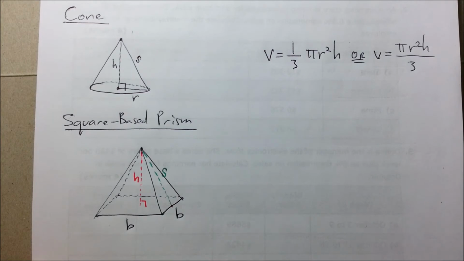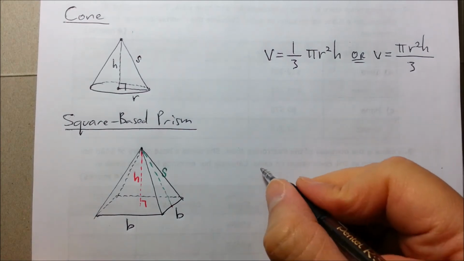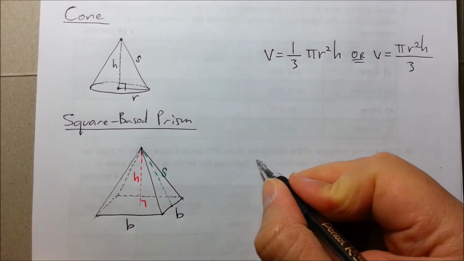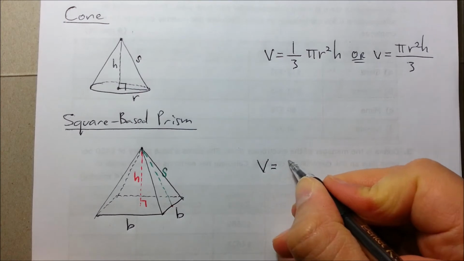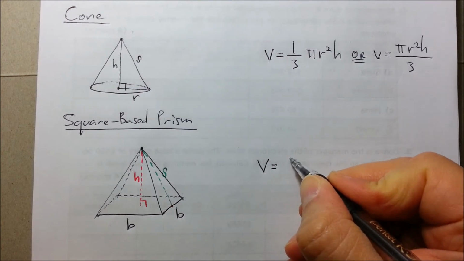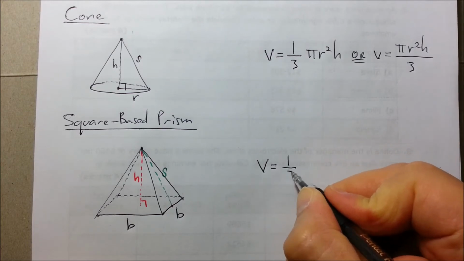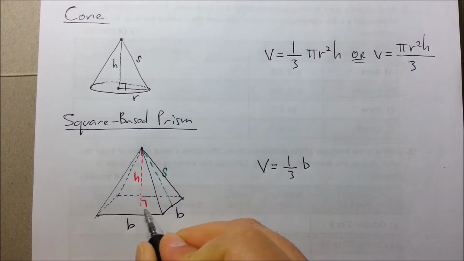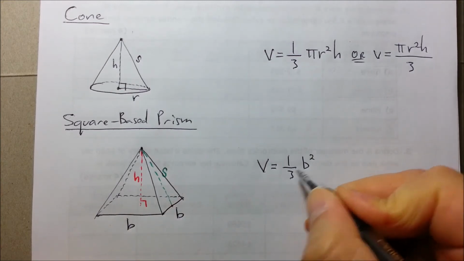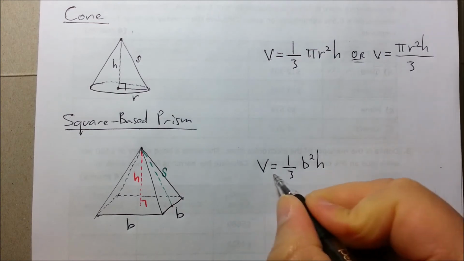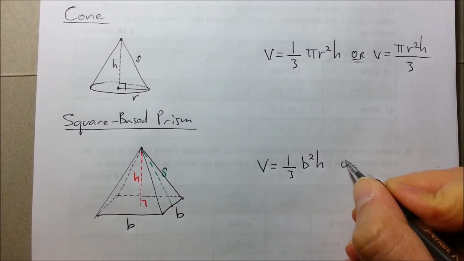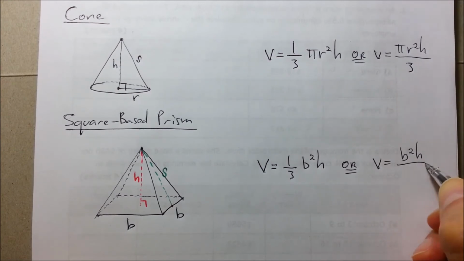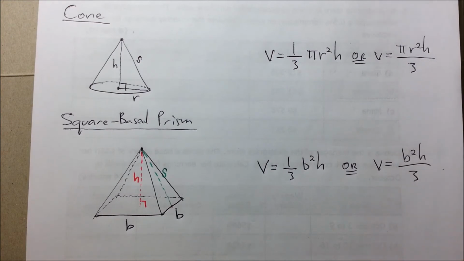So what's the formula for the volume of this square-based shape? It's the same idea: 1/3 times the area of the base, which is B times B, so B squared, times the height, and times 1/3. As you can expect, it's like saying B squared times height divided by 3.